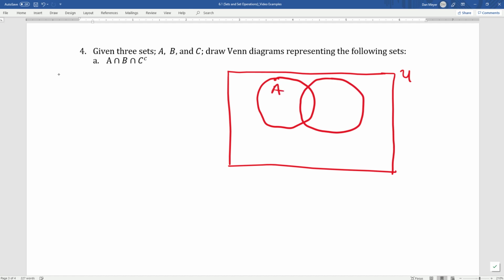We have sets A and B, and that part of it looks like the normal 2-set Venn diagram. And then we throw on another C circle down here. Okay, so this complement here, the C complement, we want to consider that first. So not C, we want A and B, but not C.